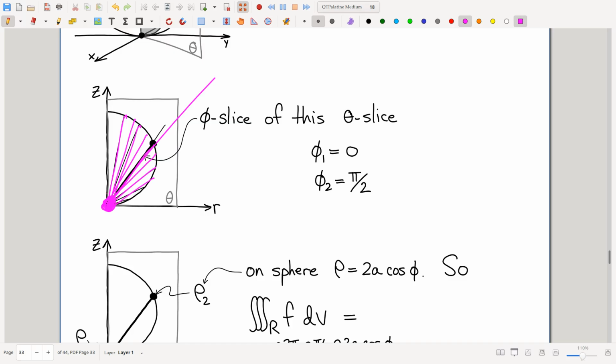And I argue that the first one is like that, where phi is 0, because that's right along the z-axis. And then the last one, now the last one's a little bit harder to see. We've got to kind of visualize how these slices keep getting shorter.